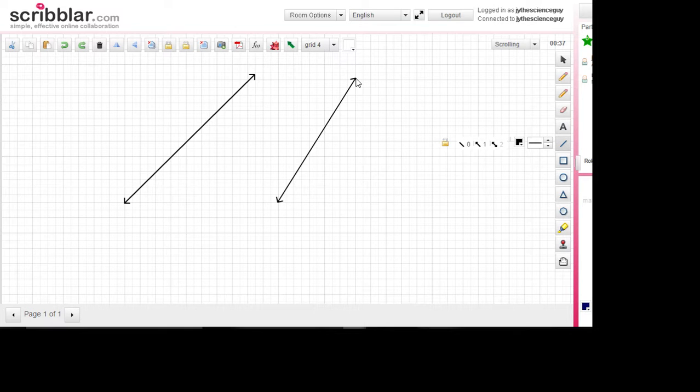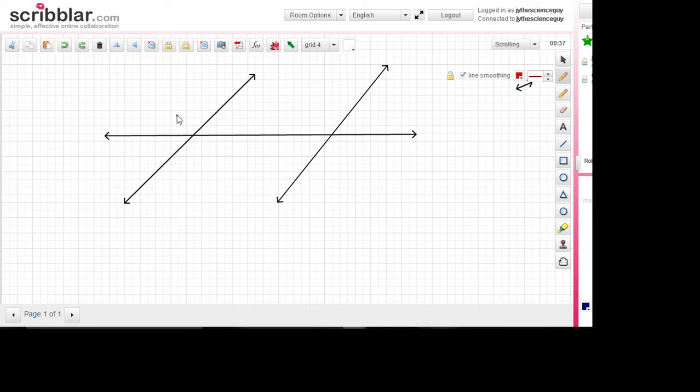Okay, just another review question. If I mark this angle as x, what are the other angles that are equal to x that are drawn in this picture? This one. This one. And I guess this one.